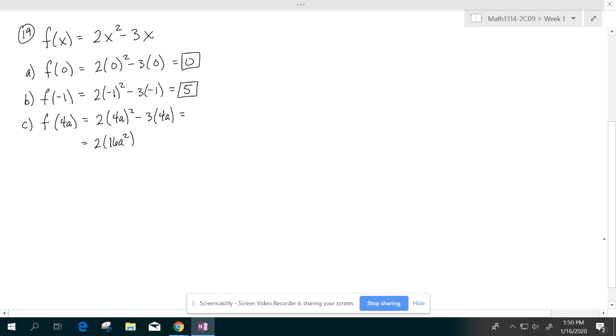And the a is going to be squared also. Do y'all see when you square something, it means multiply by itself. So 4 times 4 and a times a. If you're going to square it, you got to multiply by itself. And then the negative 3 times 4, that's negative 12a.